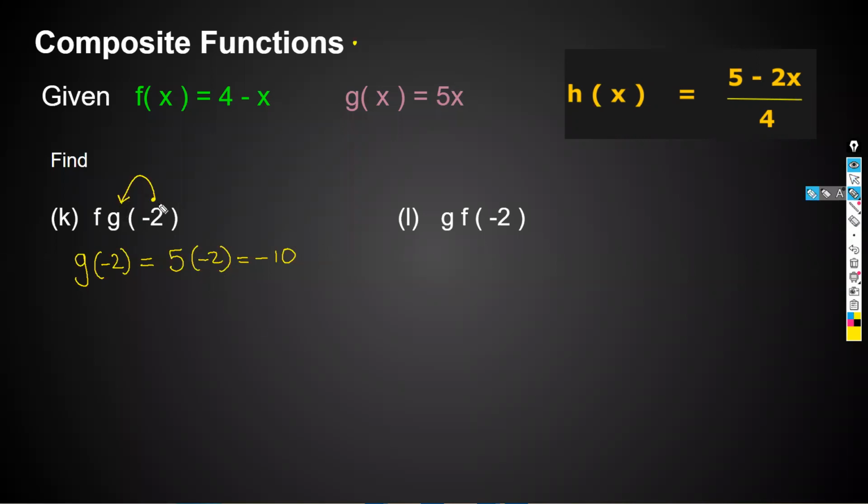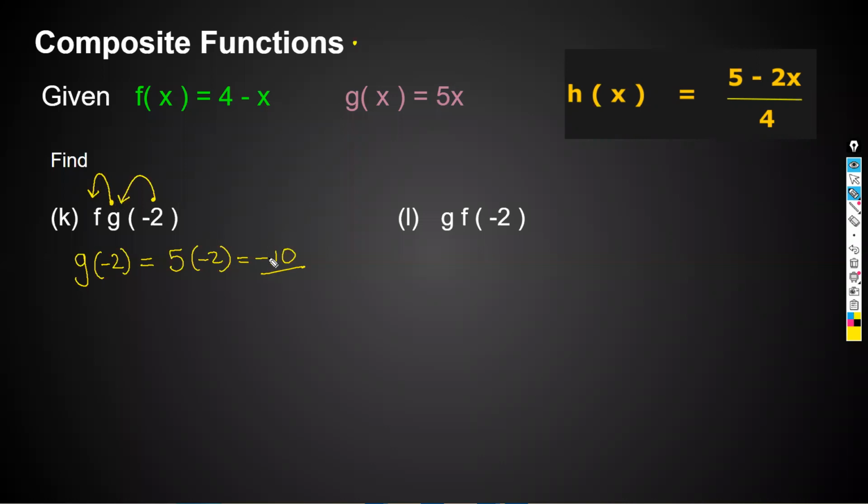So here's what happens now. When we put -2 into G, the answer we got was -10. That's this answer. So it's like we continue in the journey now. Here's what we're going to do. We're going to continue walking backwards.